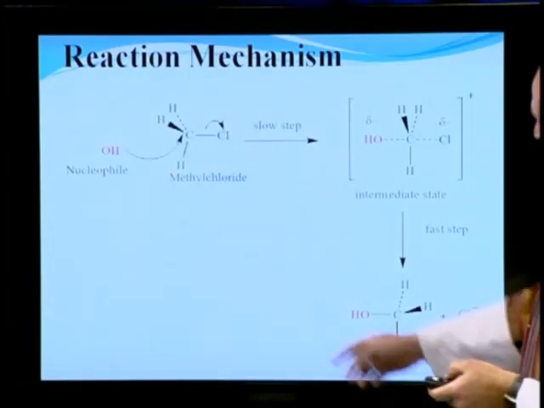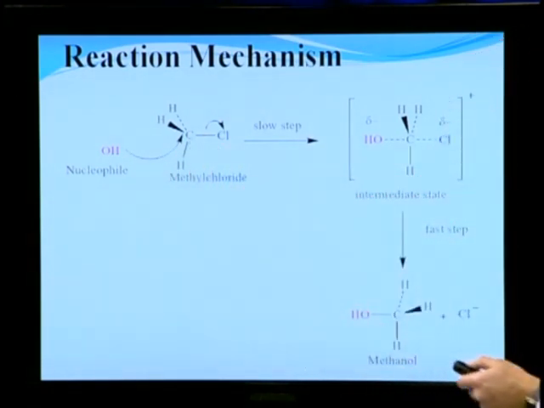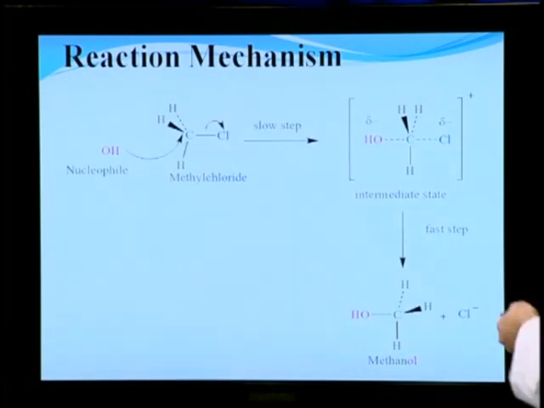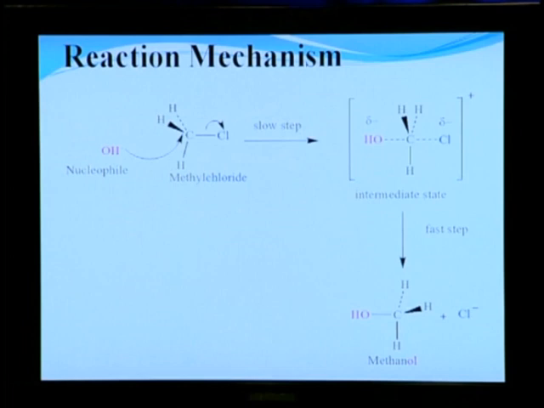Now here, the incoming nucleophile starts forming a single covalent bond with carbon atom. At the same time, the bond which was already there between carbon and chlorine atom, halogen atom, starts breaking.